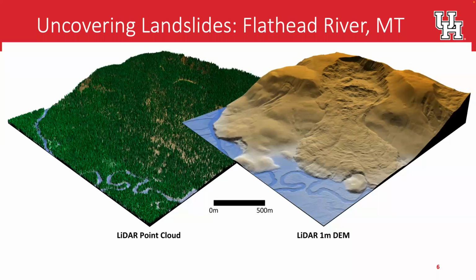You can see a lot of vegetation on top, hard to see what's on the ground underneath. On the right here, this is that same scene with the vegetation removed using the LIDAR. And you can see, of course, there's this massive landslide underneath. It was kind of initially images like this that really sold NSF on the need for a center like NCOM to collect data for earth science applications.